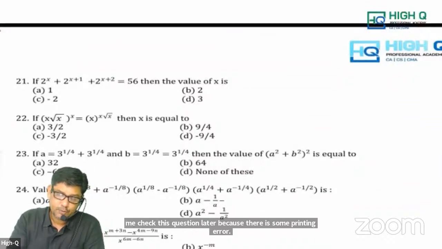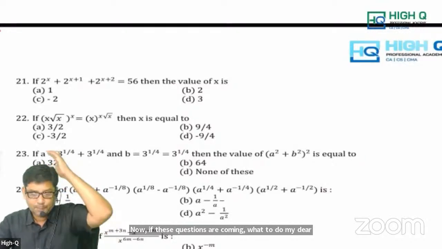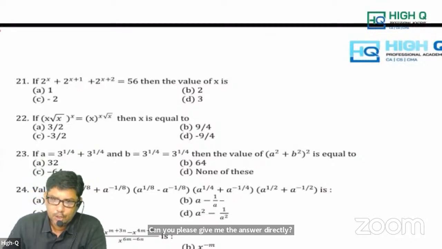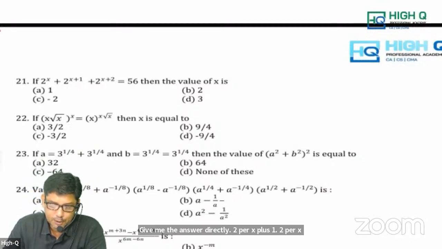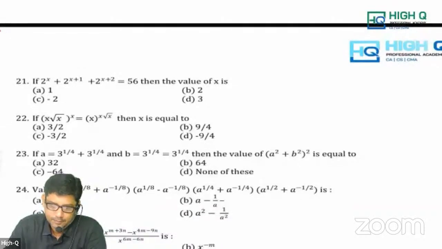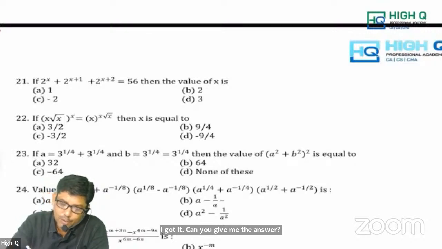Now, if these questions are coming, what to do, my dear? 2 power x plus 2 power x plus 1 plus 2 power x plus 2 is equal to 56. Can you please give me the answer directly? Option, directly you check with the D, my dear.